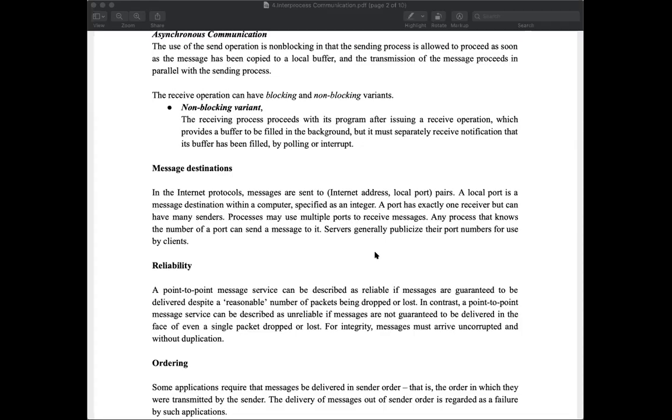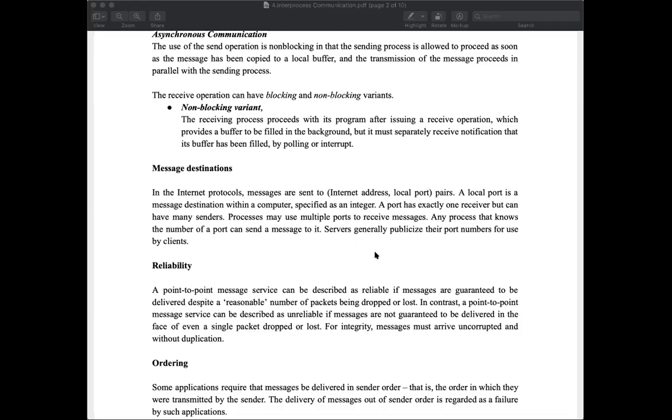So when we talk about the message destination, we talk about the internet address and the port. The combination defines the destination, right? If you are familiar with HTTPS communication, and you do a port scan on your computer, you can see a lot of ports communicating with a couple of services.